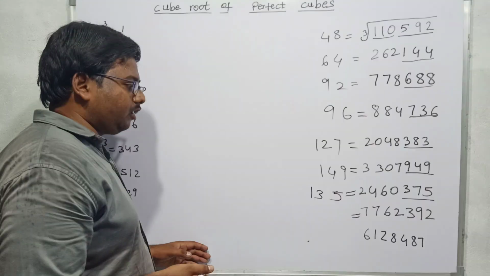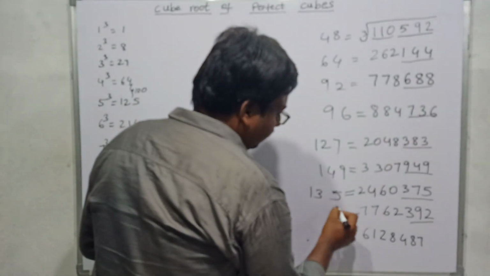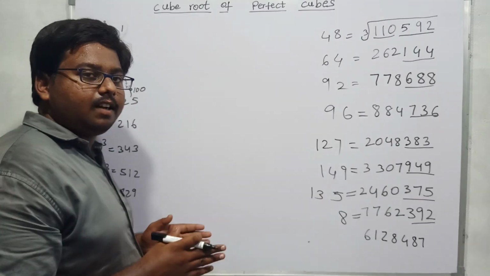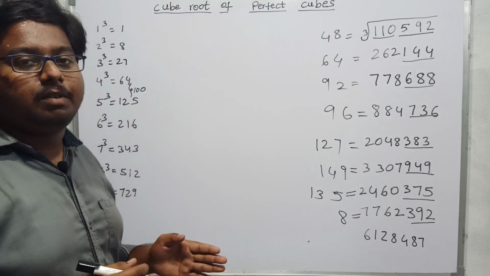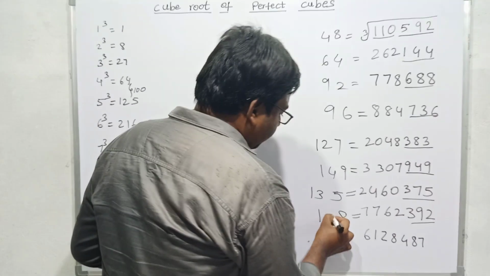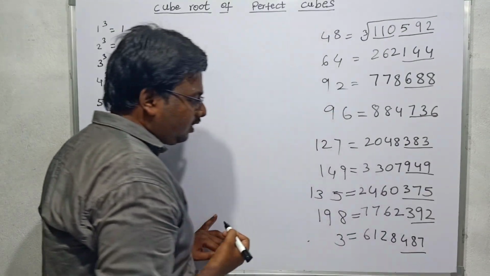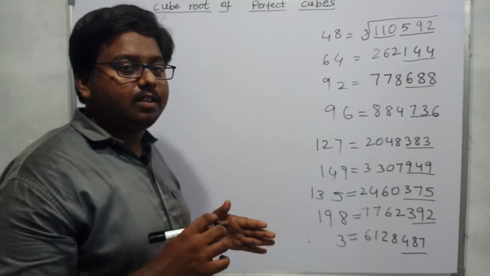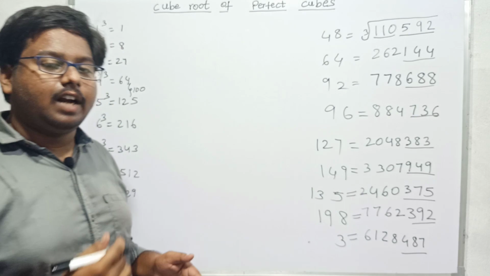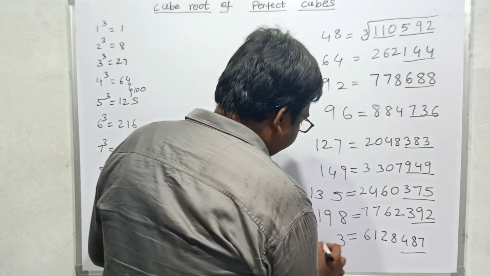Next, 7762 is less than 8000 and greater than 6859. 6859 is 19 cube and 20 cube is 8000, so it is 19. Then 6128 is greater than 18 cube, which is 5832, and less than 19 cube, which is 6859. So it must be 18.